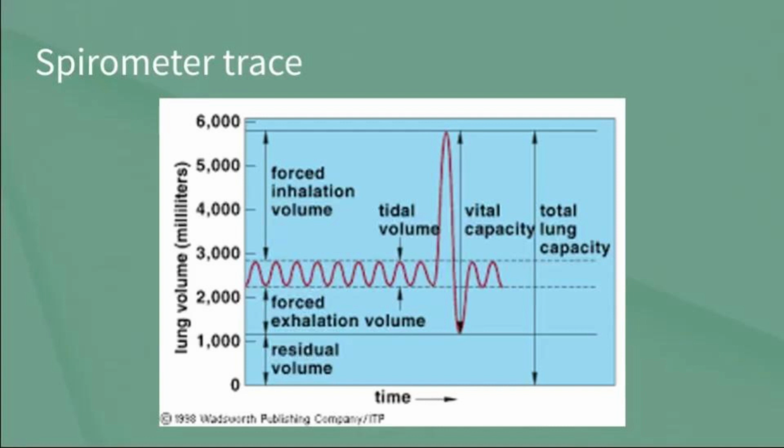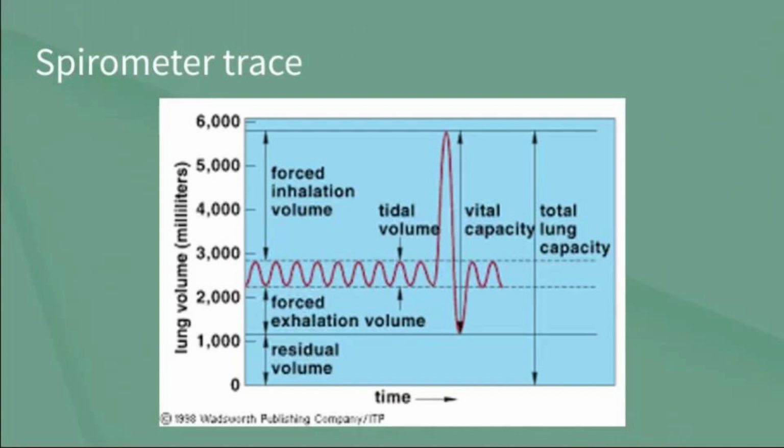Then you have the vital capacity. So here what's happened is the person breathing into the spirometer has been asked to take a much deeper breath. So instead of the breathing that we are doing now, where we're not really noticing our breathing, we take a deep breath in and out. And what we can feel then is that we're accessing the reserve volume.